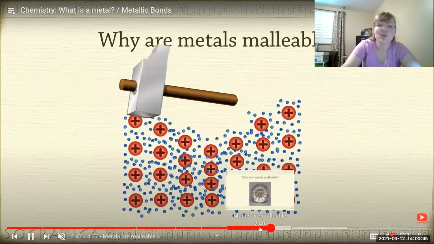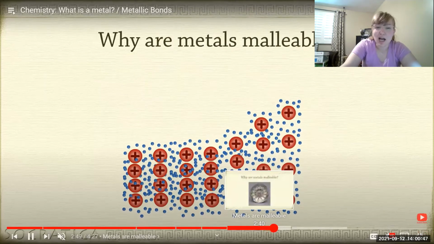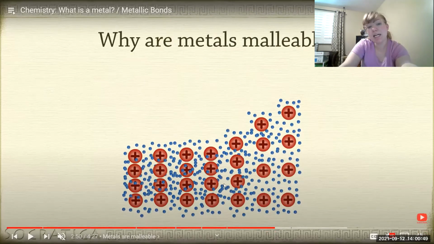Smoosh, smoosh, smoosh. Because the electrons that are in there are like jello stabilizing everything. So that's why metals are malleable. That's why you can take a paper clip and bend it. Malleable means bendy.